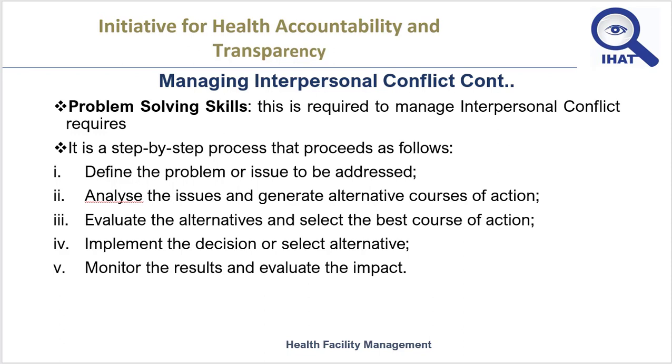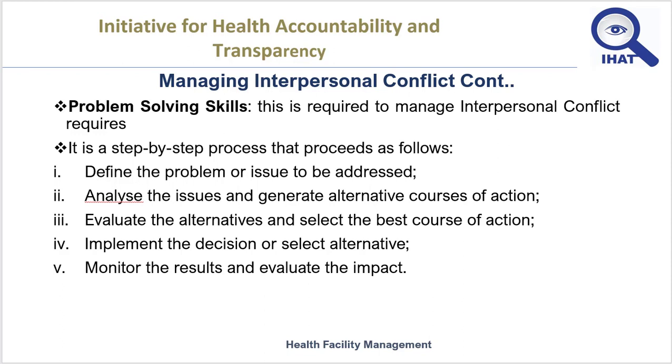In order to manage interpersonal conflicts, you need problem-solving skills, and we have earlier done a course on problem-solving and decision-making. You may wish to refer back to this course for more understanding. Problem-solving is a step-by-step process that proceeds as follows.